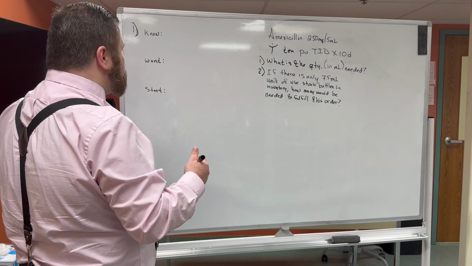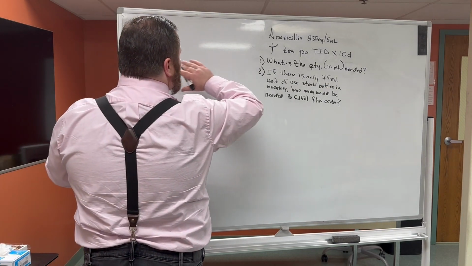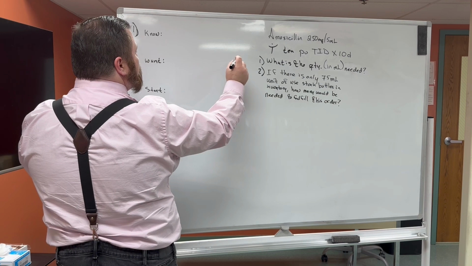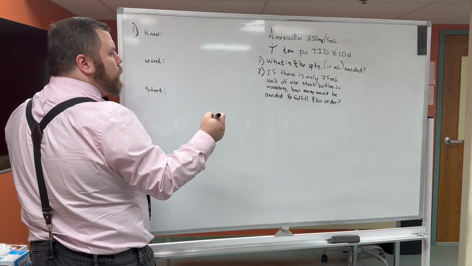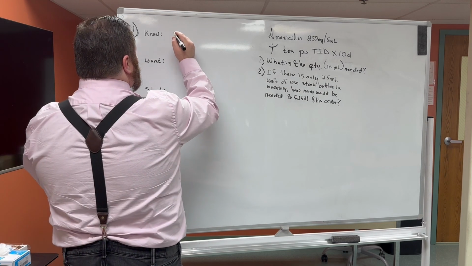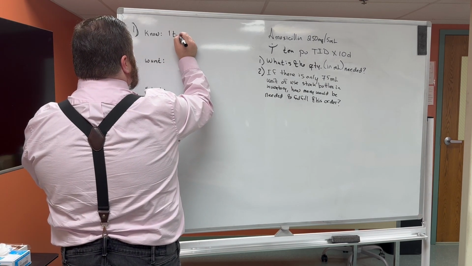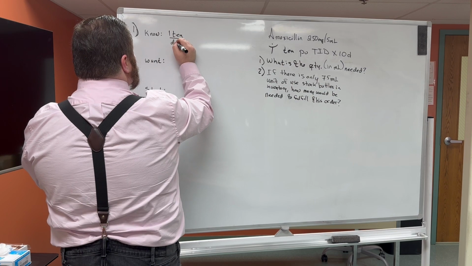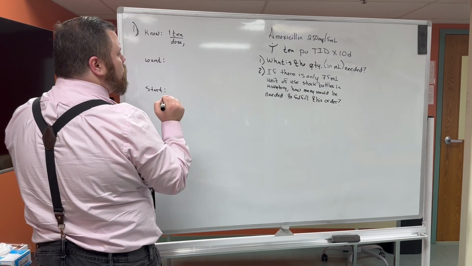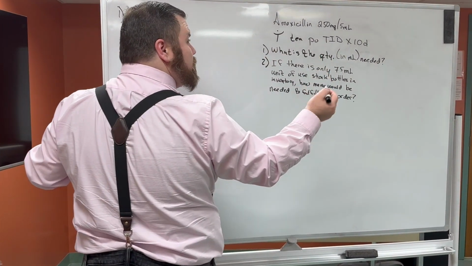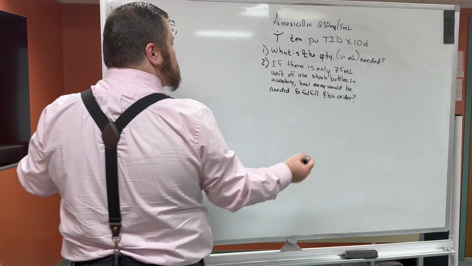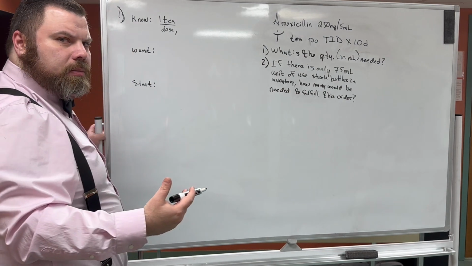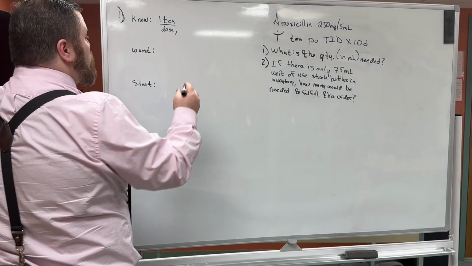Let's do that together. So what do we know? Reading from left to right, we know that the patient gets 1 teaspoon by mouth. That's 1 teaspoon every dose, right? So they get 1 teaspoon for every dose. The next piece of information we can extrapolate here is the fact that the patient gets it 3 times a day. Well, what do they get 3 times a day? They get 3 doses a day.